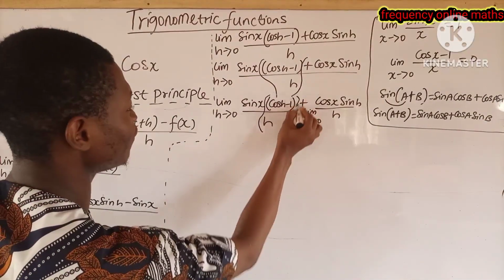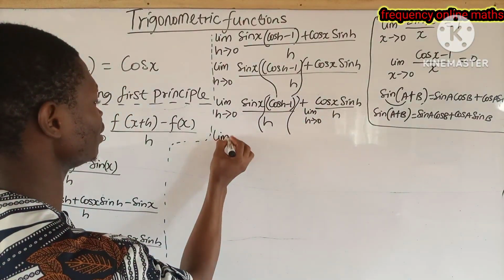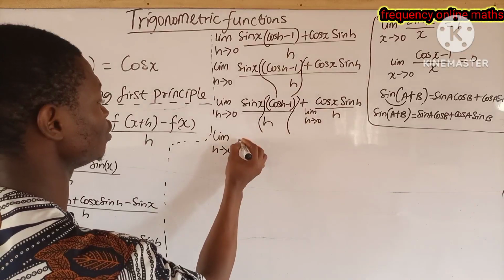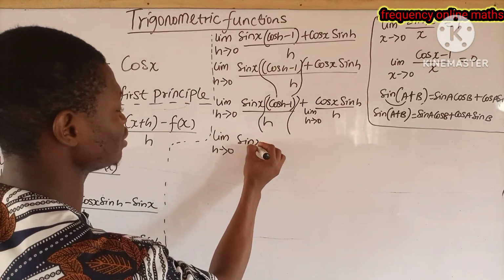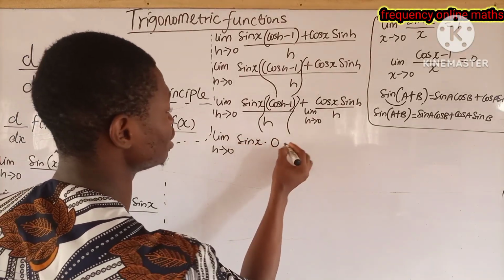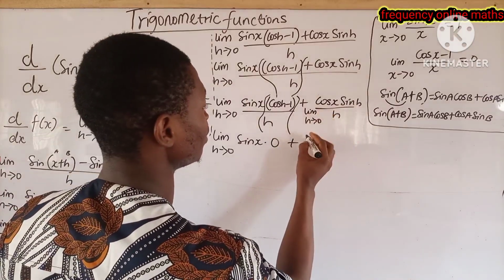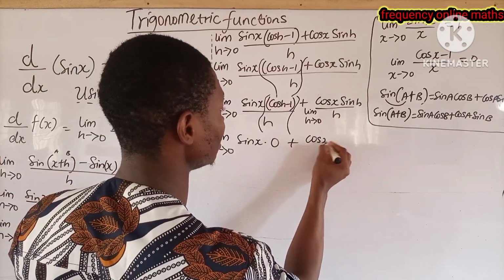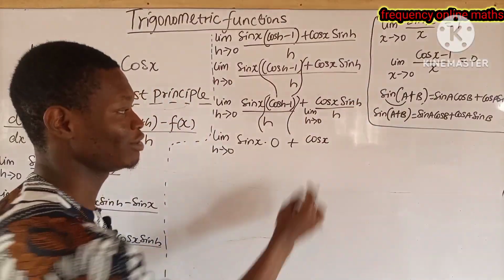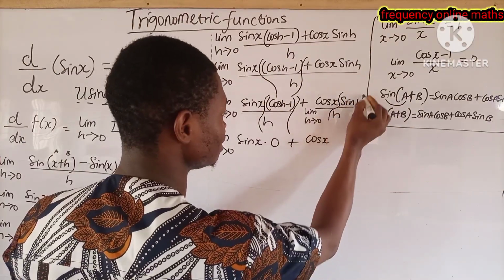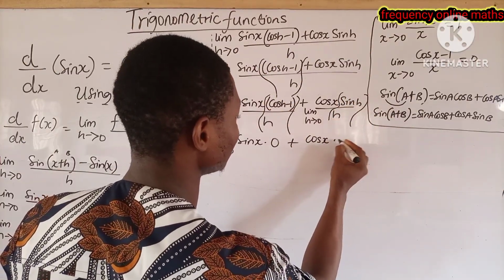So we have the limit of h approaches 0 of sine x times 0, plus cos x times the limit of sine h over h. Remember, the sine of an angle over the angle, as the angle approaches 0, is 1. So we have cos x times 1.